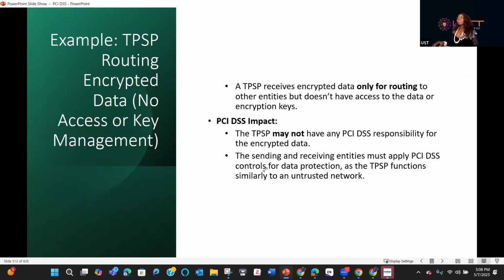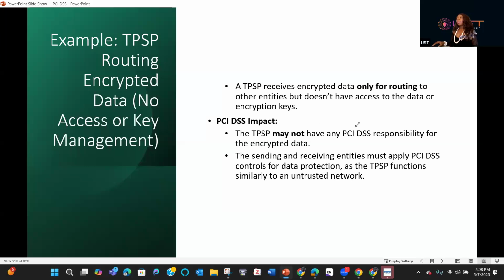Also, consider a third-party service provider that receives encrypted data only for routing to other entities, but doesn't have access to the data or encryption key. How does it impact PCI DSS? The third-party provider may not have PCI DSS responsibility for the encrypted data. The sending and receiving entities must apply PCI DSS controls for data encryption.